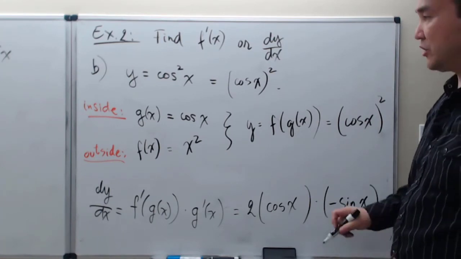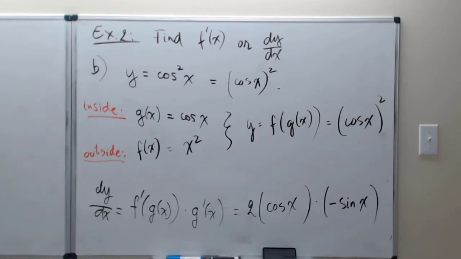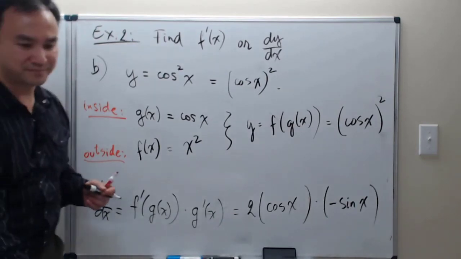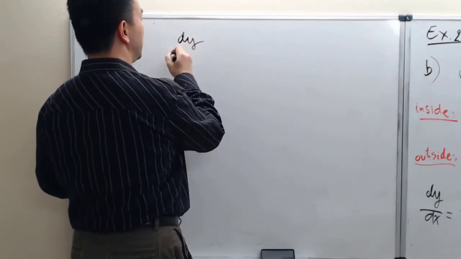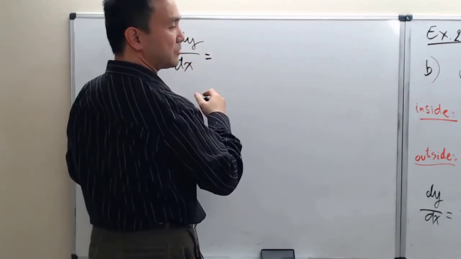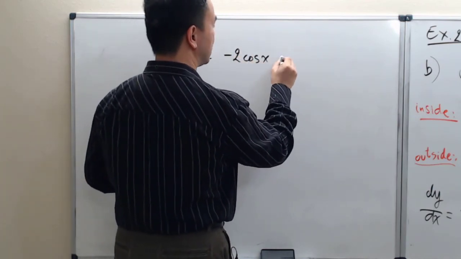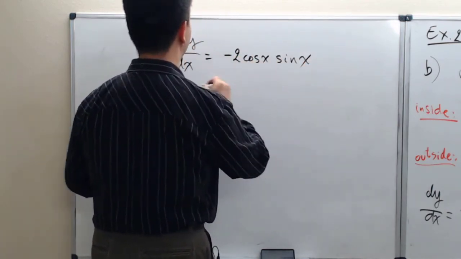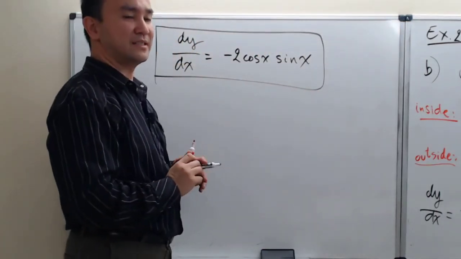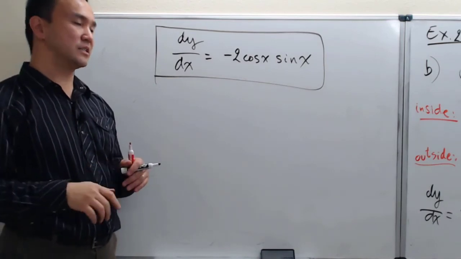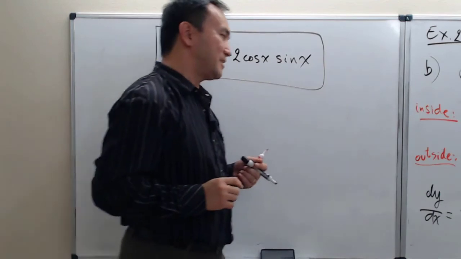So all together, the final dy dx in our case must be minus 2 cosine of x times sine of x, and we're done. That's how we apply the chain rule to another problem that involves a trig function and some other function inside of it.